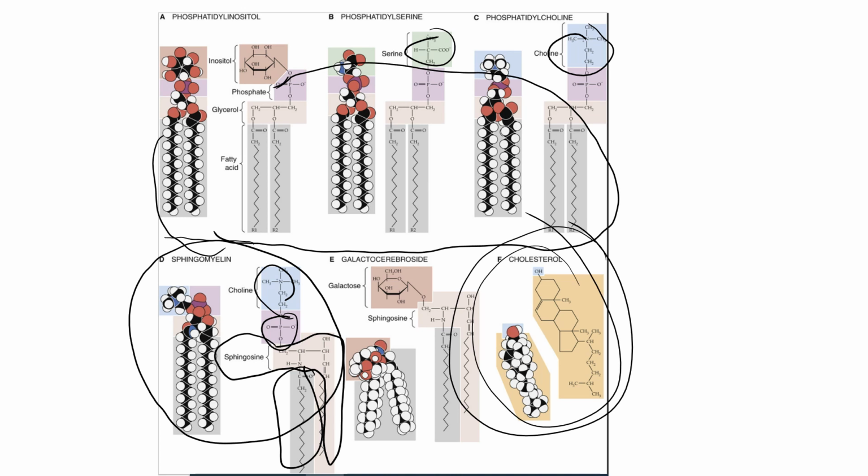Some of that we may get into as the semester progresses. But mostly I just want to make you aware that within the plasma membrane, mostly what you're going to find are phospholipids, sphingolipids, and cholesterol. And the quantities of each vary from one cell to the next.